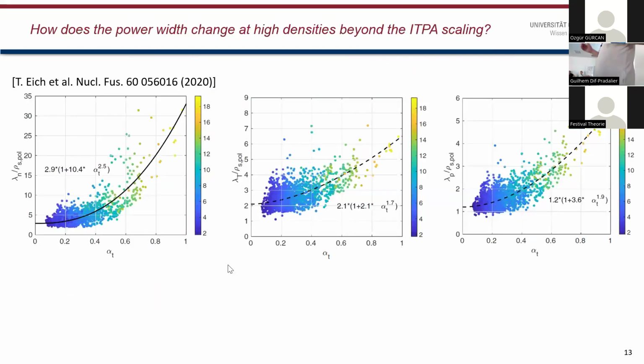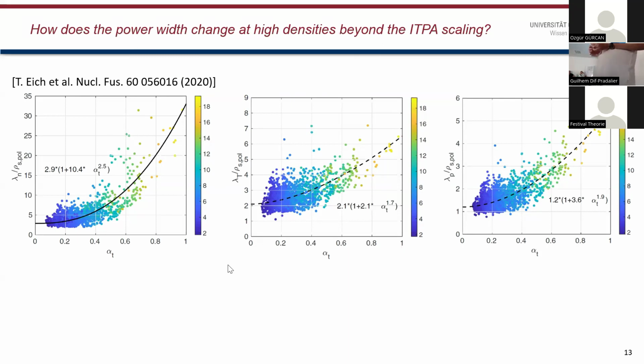So then we can do the data analysis of the plots, and then we see for our RSLEX database, it's a density gradient normalized to rho s pol, temperature gradient normalized to rho s pol. So rho s pol is the limit of what you observe if you have no density. In fact, this Goldstein's heuristic scaling is the ITPA scaling. This is normalized to this value, or if you want, the drift plane displacement.